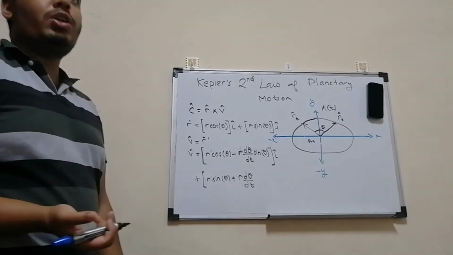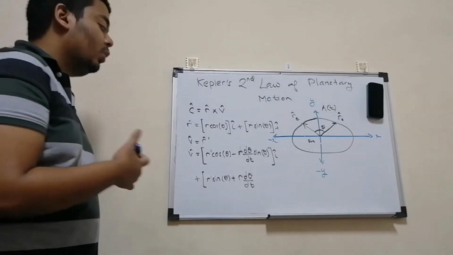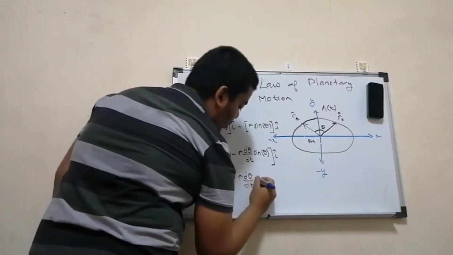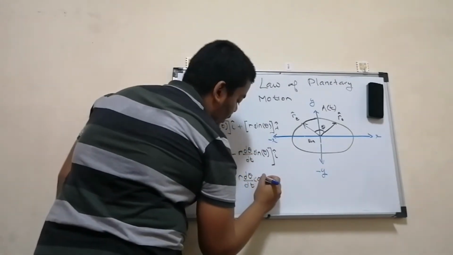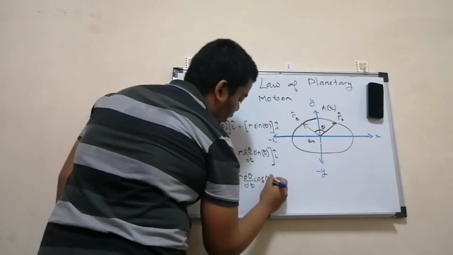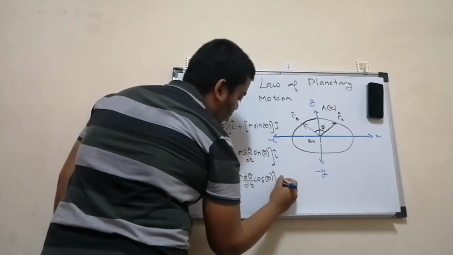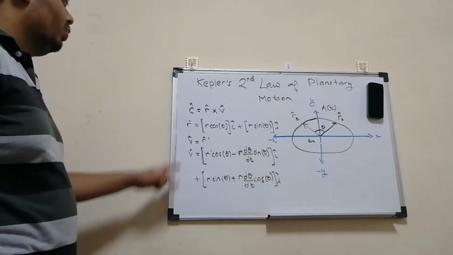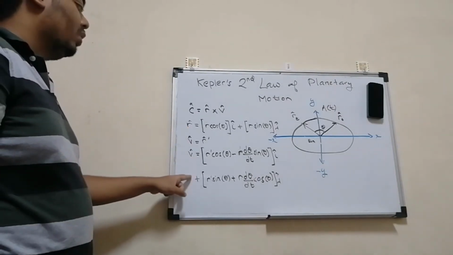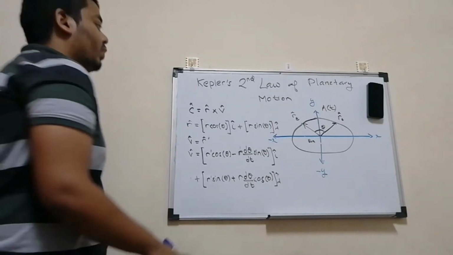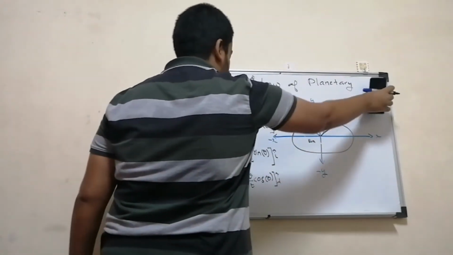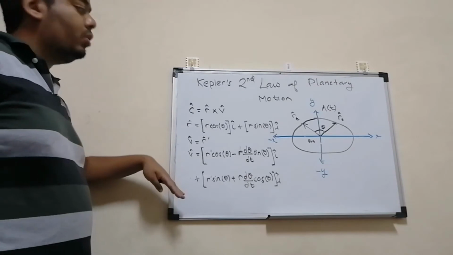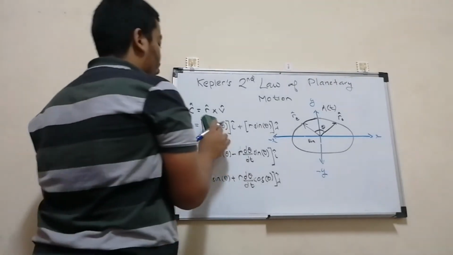We don't know what the function of theta is with respect to time, but we know it is a function of time. When we differentiate sine theta, it becomes d theta over dt times cos theta, and that's our j component. So we have the value for r and the value for v. Now let's go ahead and compute the cross product. You guys have noted it down, so I'll go ahead and do the cross product.